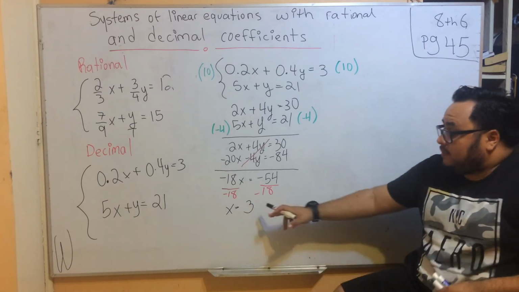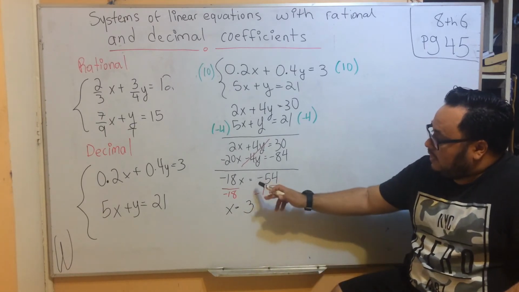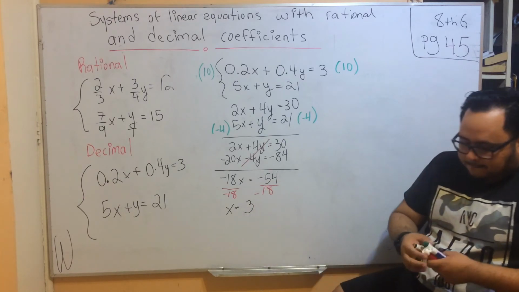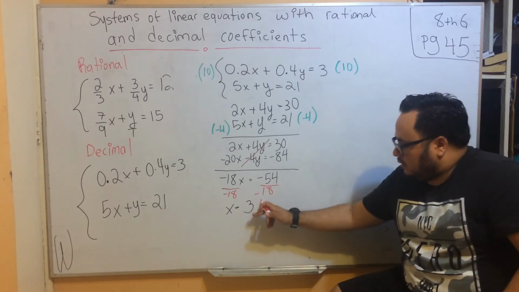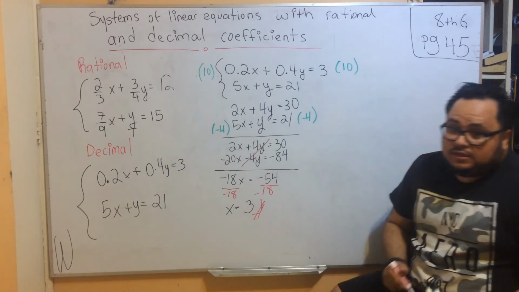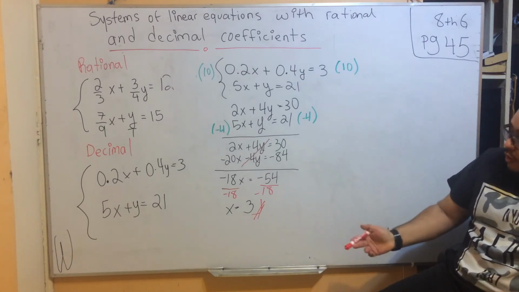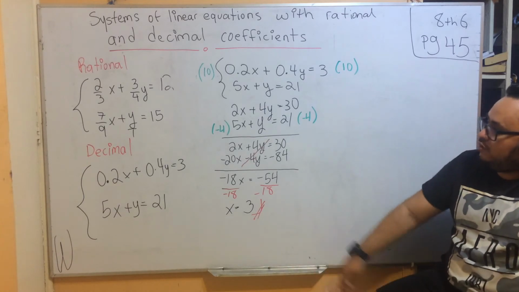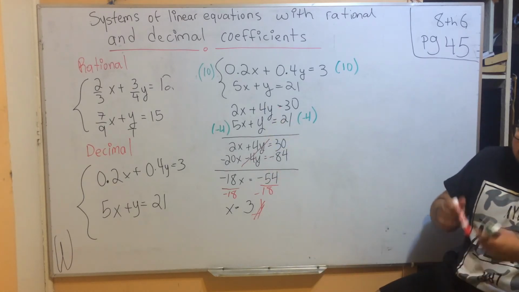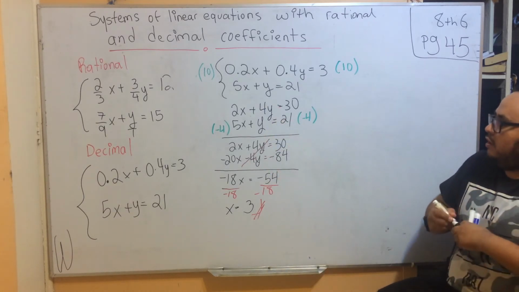And it's a positive number because negative divided by negative is positive. So, easy peasy, we have the value of x. Now, what do we do with this value of x? We take it into one of the original equations so that we can find the value of y.